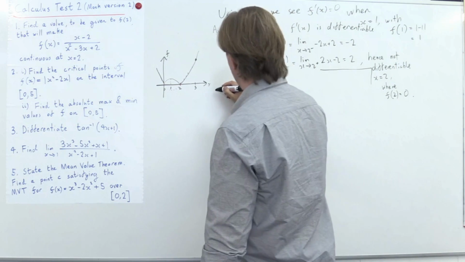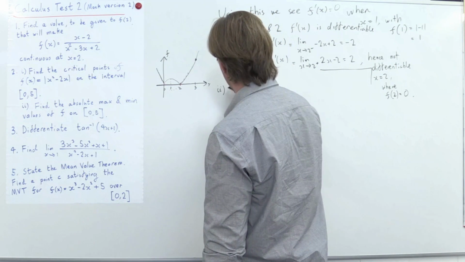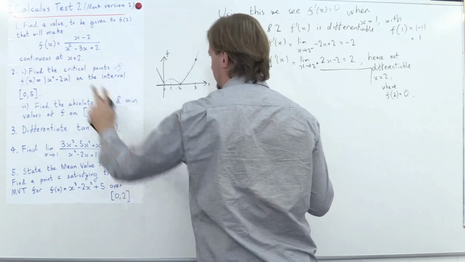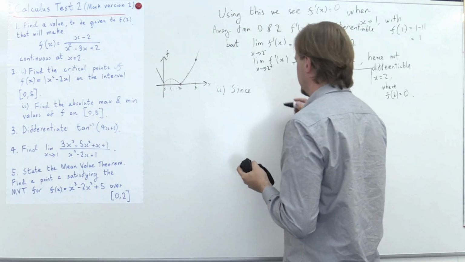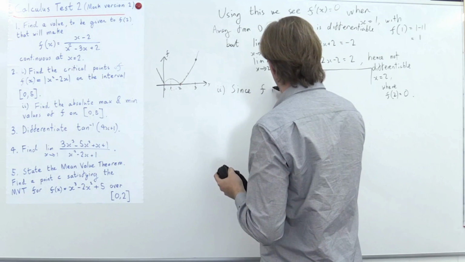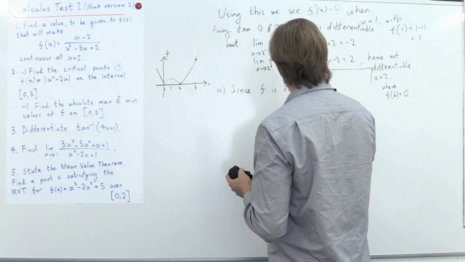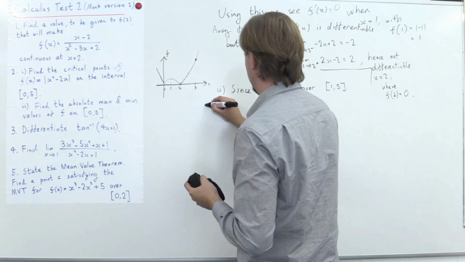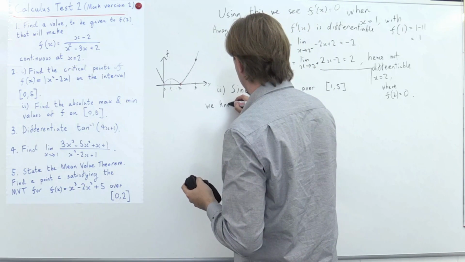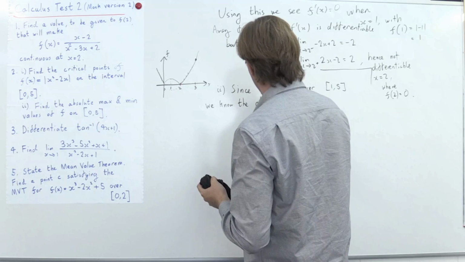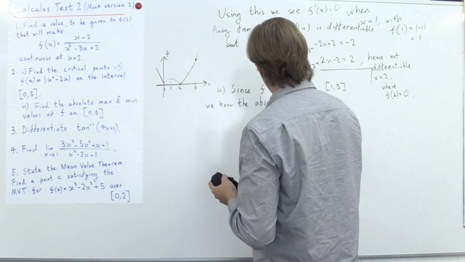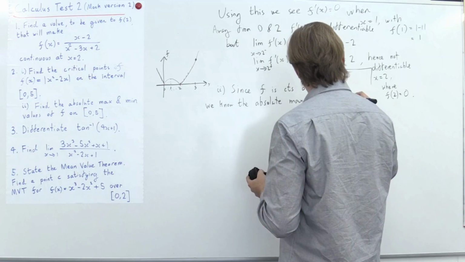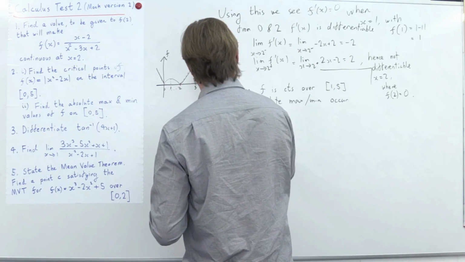So I would just say that since, well, this is a continuous function. I mean, you've just taken a continuous function and applied it to a continuous function. So since f is continuous over [1, 5], we know the absolute max or min occur at the critical points.